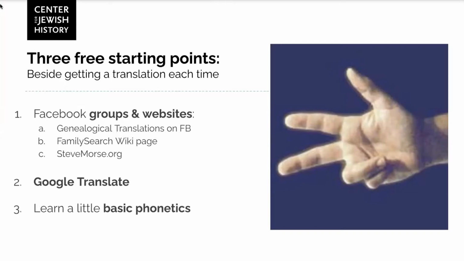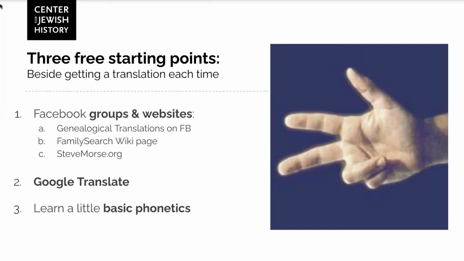I'll mention FamilySearch.org that you may all know as a database to look up records. You can also navigate to the wiki pages of FamilySearch that also have helpful tools. And of course, I've mentioned before, the great resource of stevemorse.org can be helpful.